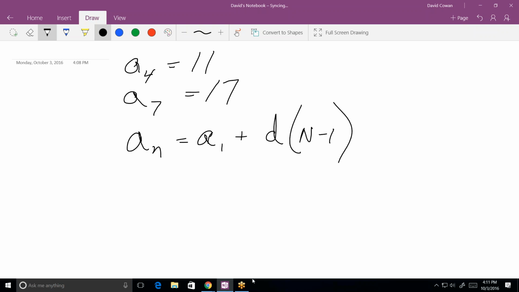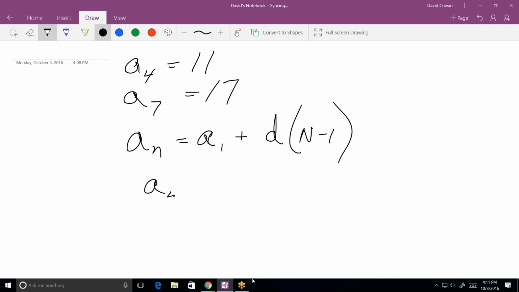Now, this is a particularly difficult problem because they don't give you the first term. They don't give you the arithmetic sequence. We don't even know what the common difference is. But they've given us a sub 4.